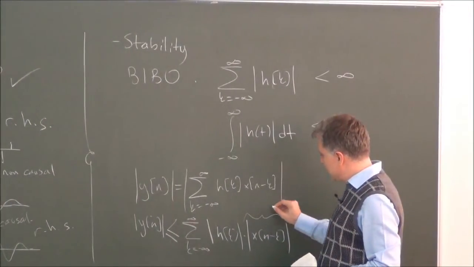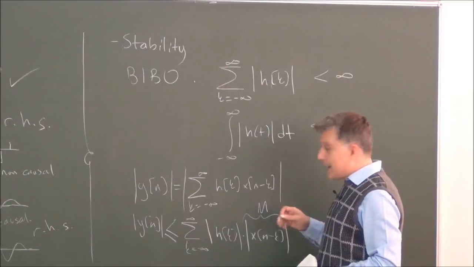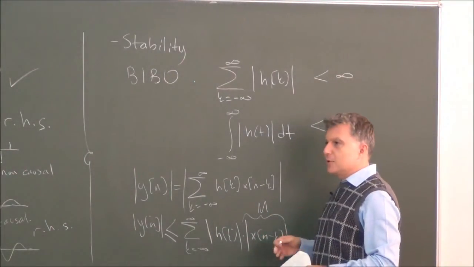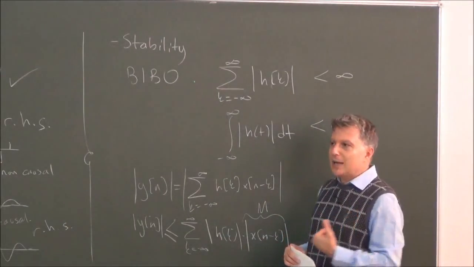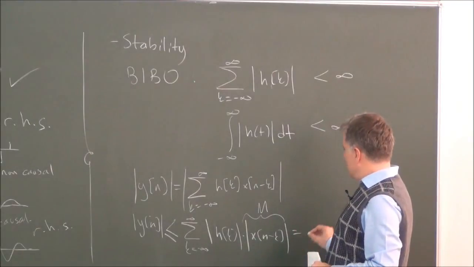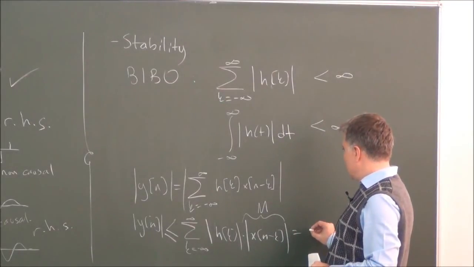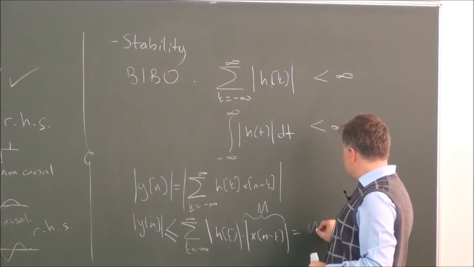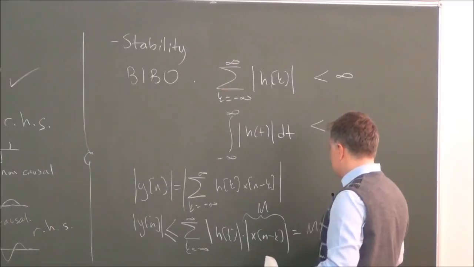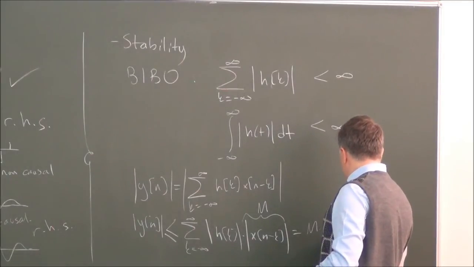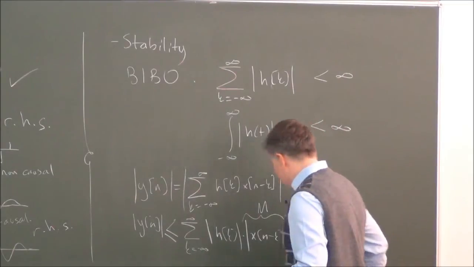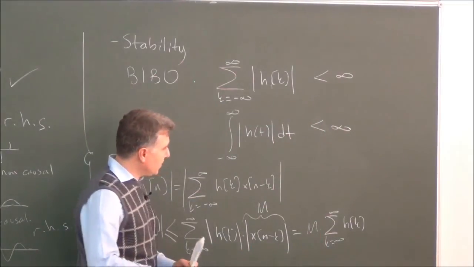Let's call this maximum value m at most. So |x[n-k]| is at most m, bounded input, and the bound is m, which makes this summation equal to m times the summation over k from minus infinity to infinity of h[k].